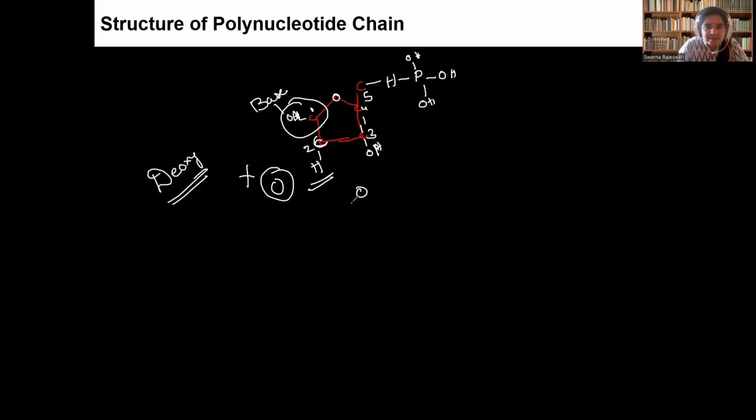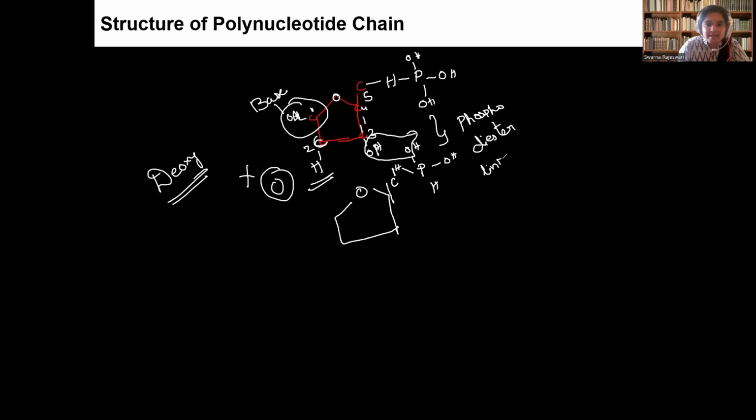If we see another nucleotide here, again same. This is the fifth carbon to which again phosphate is attached. By the removal of one water molecule, this linkage we call phosphodiester linkage.